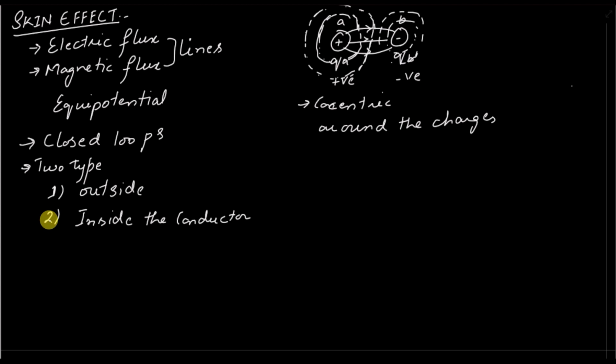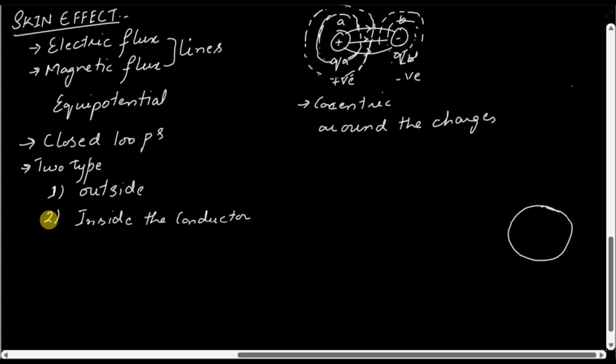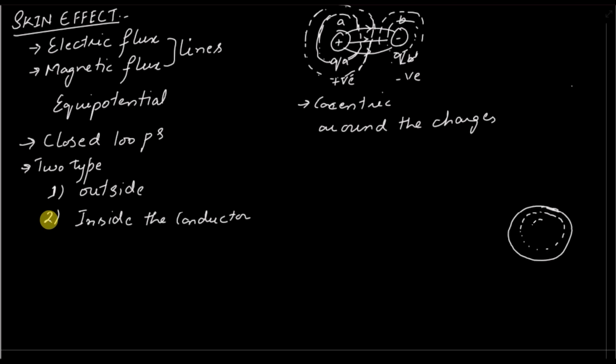The changes in flux linking the conductor will produce or induce voltages in the conductor, right? If I assume that there are magnetic field lines inside the conductor, then there are some layers or filaments inside the conductor.